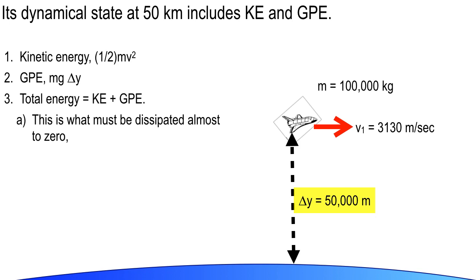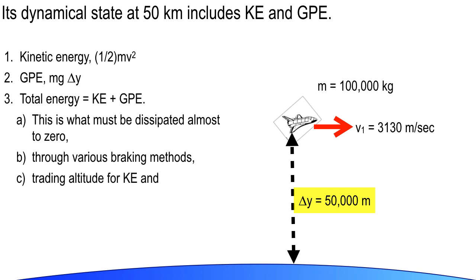It's going to be a very small amount, relatively speaking, by the time it gets down to the landing facility at Kennedy. And they use various braking methods to do that, basically trading altitude for kinetic energy and a lot of heat energy. So a lot of the energy is going to dissipate into the atmosphere as heat. That's their energy management strategy.